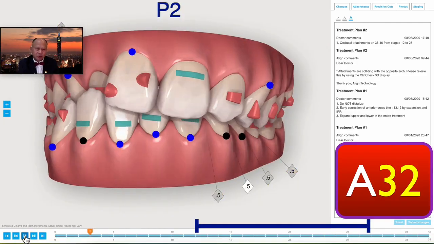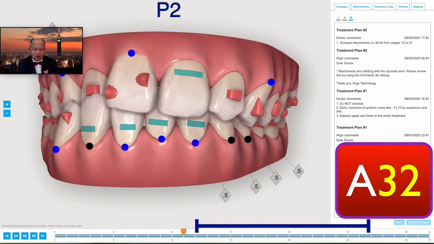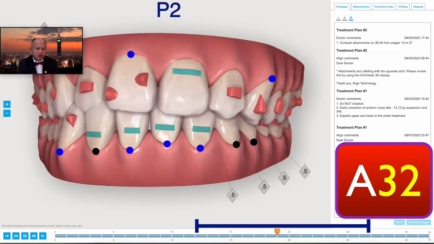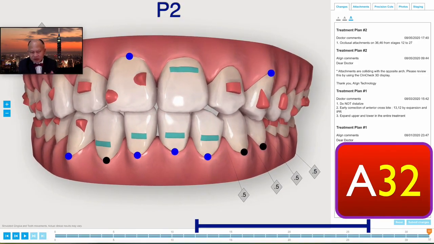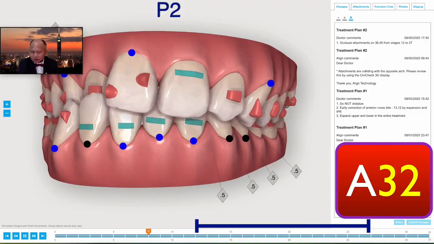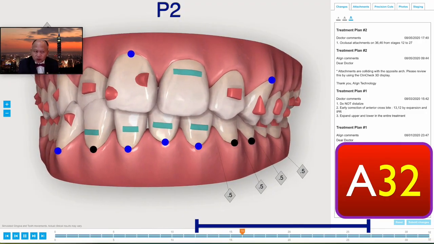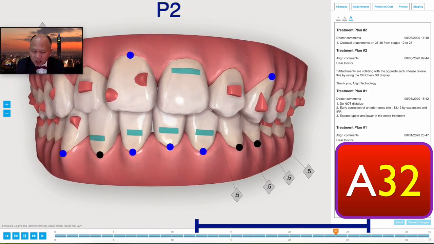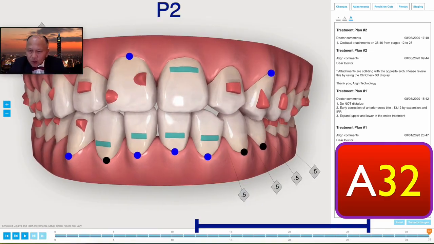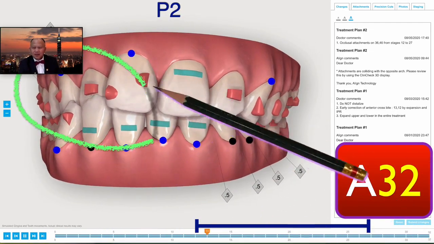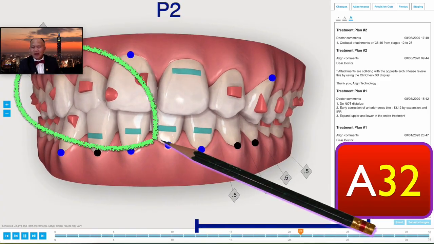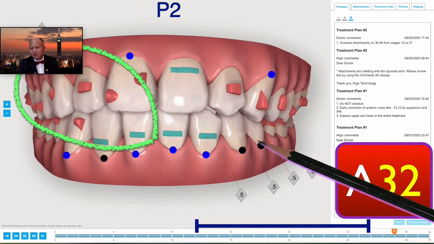It happened to be from aligner 12 to aligner 27. So in this specific period, what can you do? Well, you just give an instruction that I want to put some occlusal bite turbos to raise the bite. So that's the period that we correct the anterior crossbite.